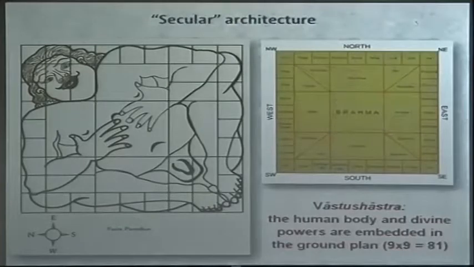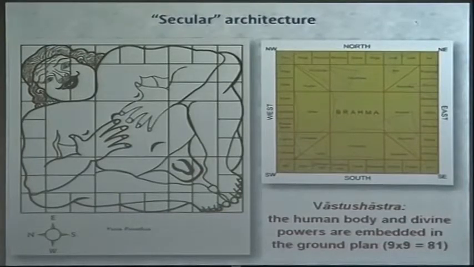Now, when we move to what is supposedly called secular architecture, this is a technical term which a lot of scholars use. What they mean by this is simply non-religious structures which do not follow strictly a religious purpose. There we find that actually a lot of very similar principles are at work.